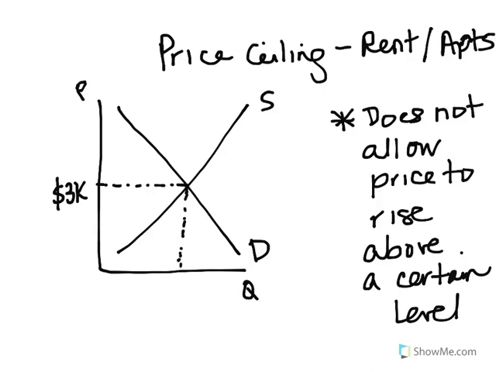And at that price, let's say that we would rent 3,000 apartments. Well, there are a large number of people that cannot afford $3,000 a month for an apartment rental. So what the government can do is come in and impose a price ceiling on a certain number of the rental apartments and say that the rent cannot rise above a certain level. So let's say they set that price at $1,500.